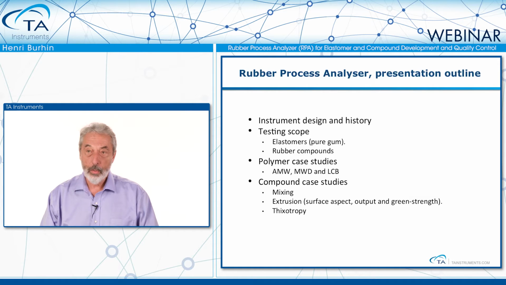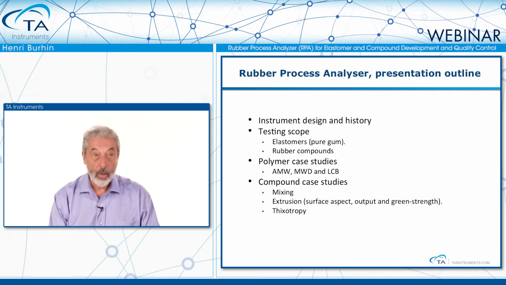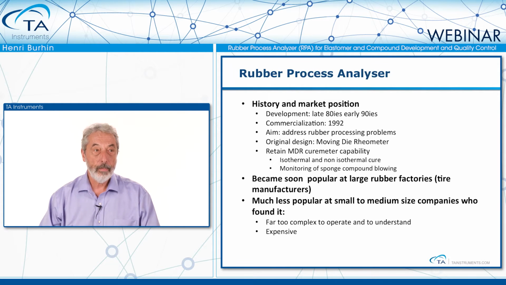Polymer case studies with average molecular weight distribution, and long chain branching, which are the most important parameters in the characteristic of polymer, and compound case studies including mixing, extrusion, problems like surface aspect, output, green strength, and thixotropy, which is a very important parameter and characteristic in compound.